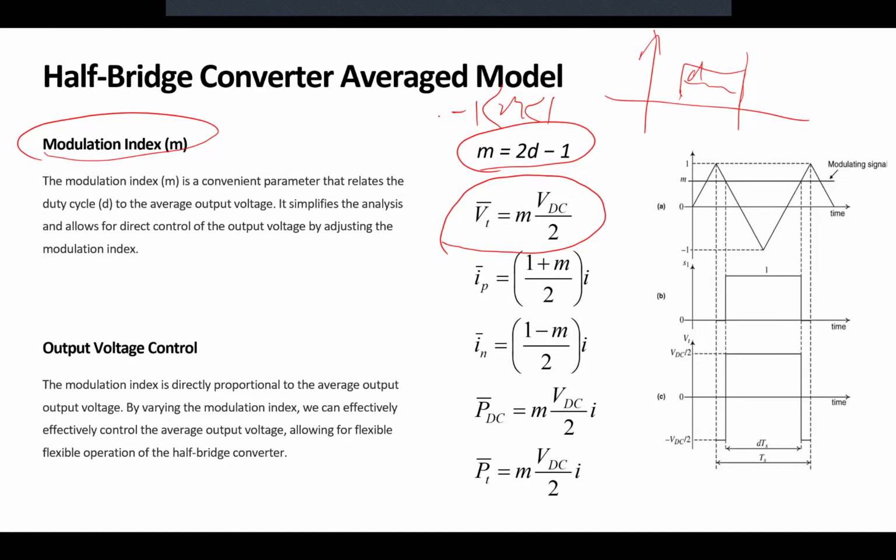So gain-wise, the magnitude of M is always less than 1. What does that mean? That means your average output voltage would never exceed your input DC voltage. Are we good? So whatever average voltage at the inverter you have at the output is always less than the DC voltage, because intuition-wise, you are chopping down that DC voltage.